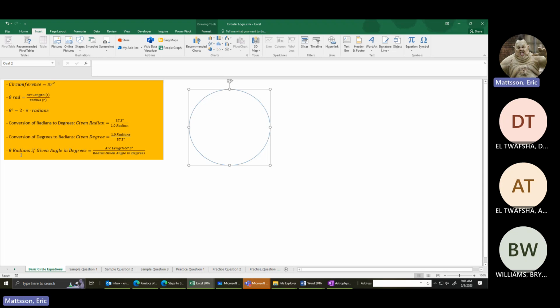Converting radians to degrees, and angle in radians if given angle is in degrees. For this equation, you need a radius, the given angle in degrees, an arc length, 57.3, and an angle in radians. So we don't see an equation for angle in degrees and arc length here.